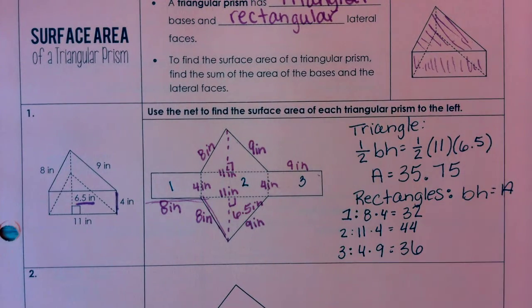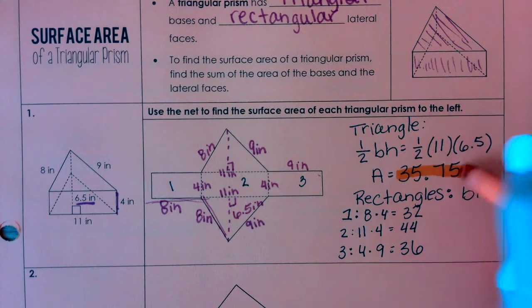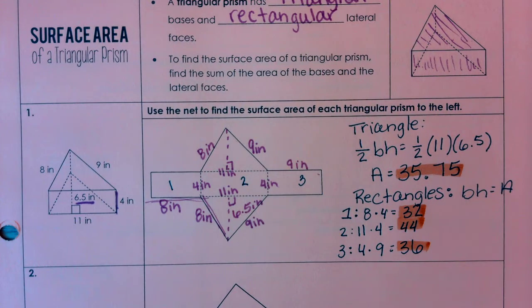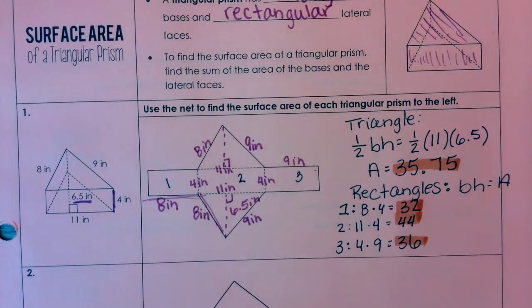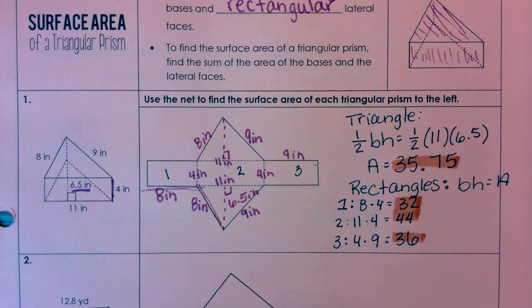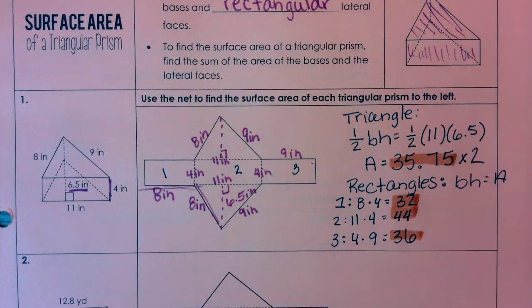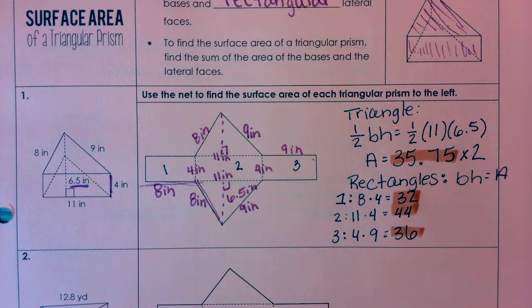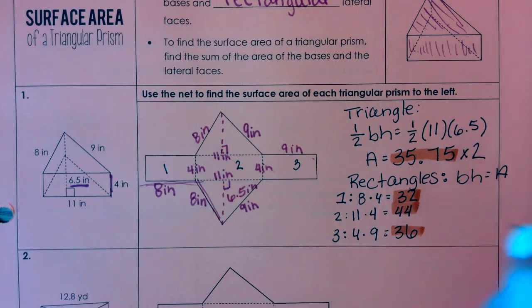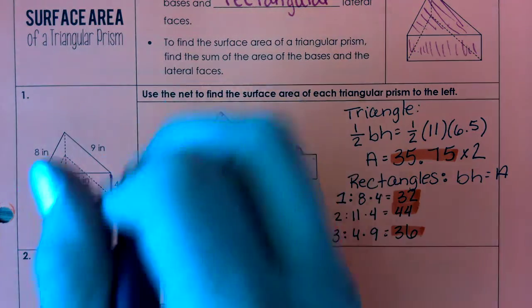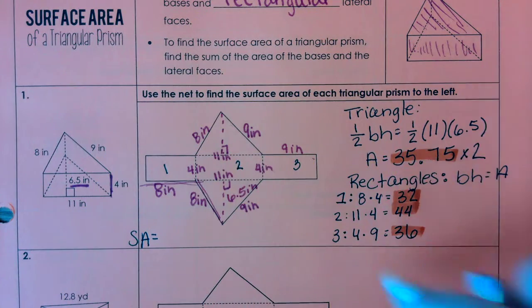Now, I have 1, 2, 3, 4 areas, but I have 1, 2, 3, 4, 5 faces. What did I forget to do? The triangle gets used twice, so I need to make sure I represent that twice. So I'm going to take the surface area, excuse me. Surface area is SA. This is just area.